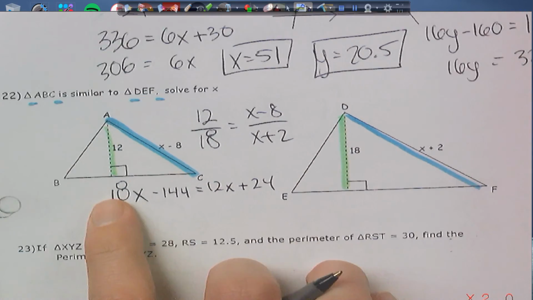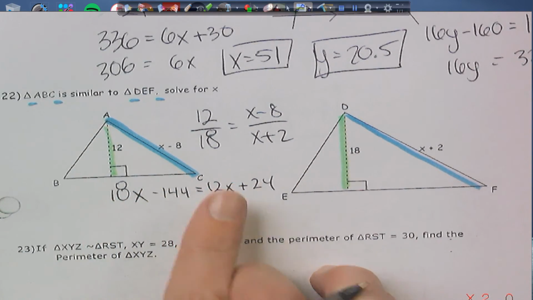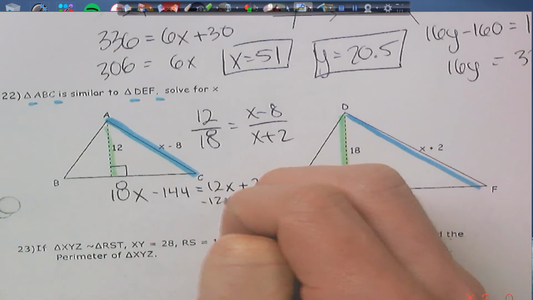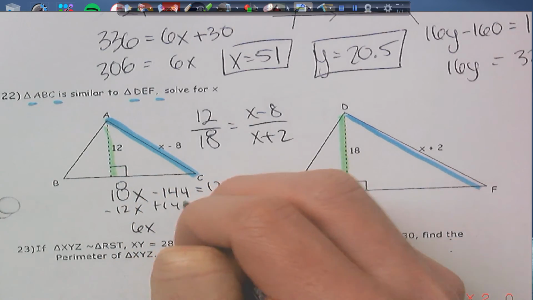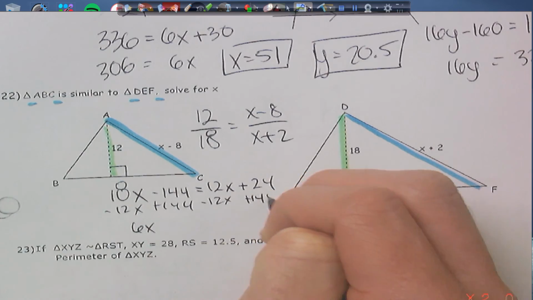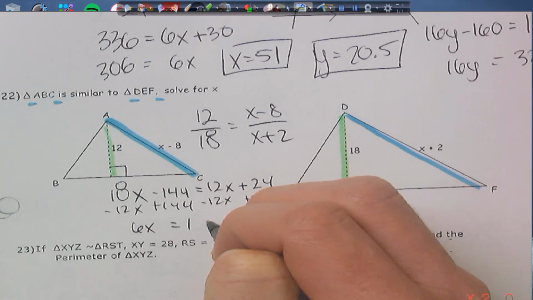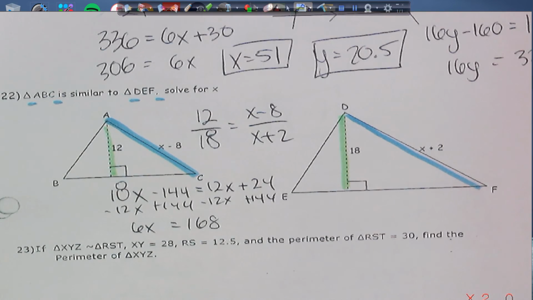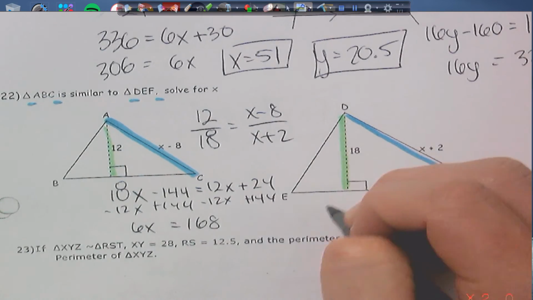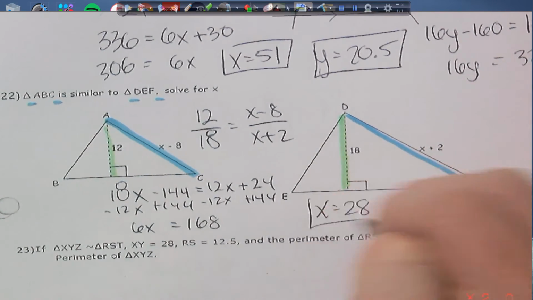And I'll subtract over here and add this one over here. So subtracting 12x, I get 6x, add 144, I should get 168. So 168 divided by 6, x equals 28.